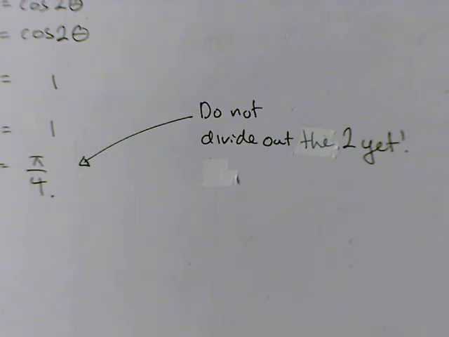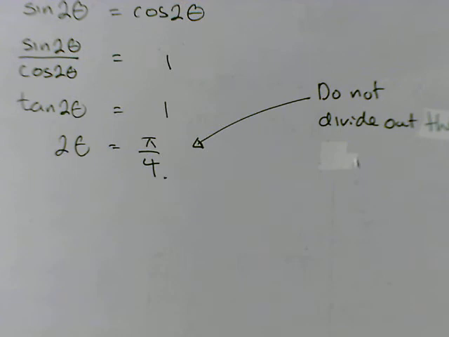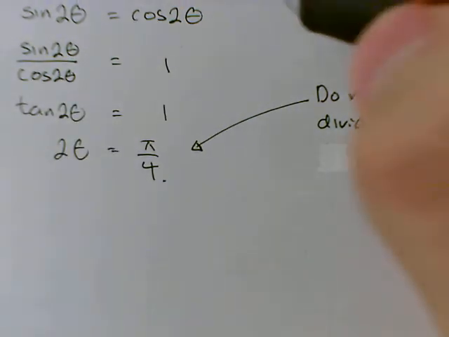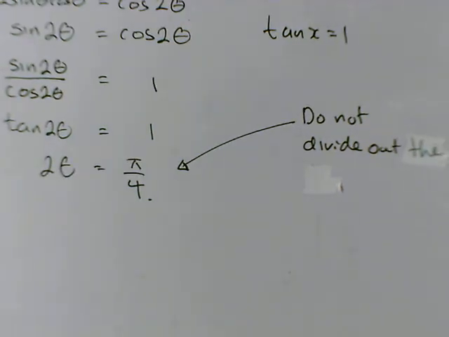How did we find the pi over 4? Because we did some magical hocus pocus. Okay. If I have tan x equals 1, there is an angle within pi over 2 that gives you that ratio. Tan x is equal to y over x. In other words, it's 1 over 1.